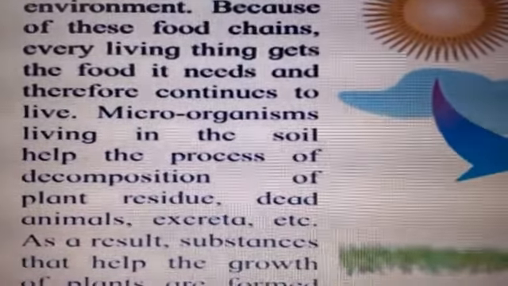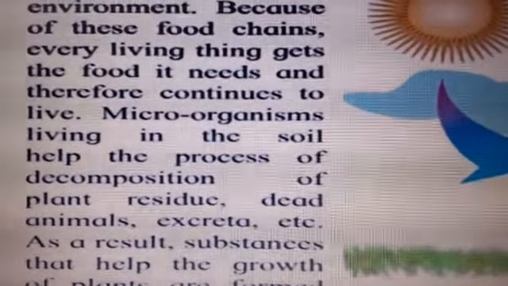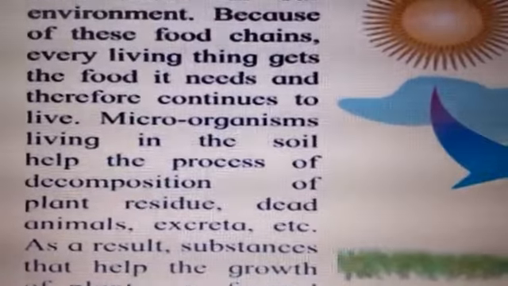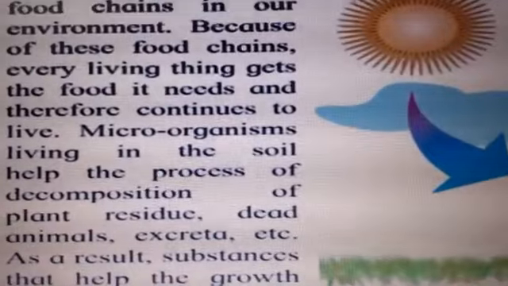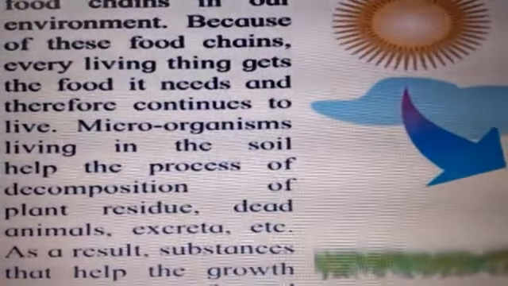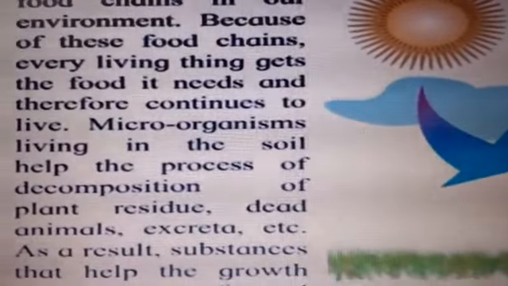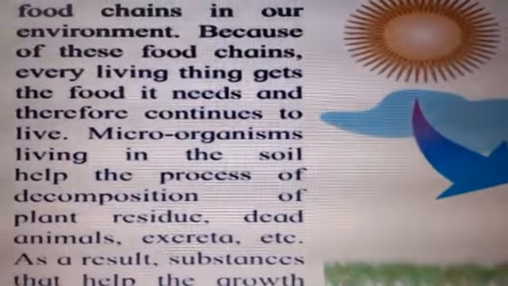Microorganisms living in the soil help the process of decomposition of plant residue, dead animals, excreta, etc. Now microorganisms are not visible to us. They are very small, minute. Micro means not visible to the naked eye. I hope, children, whenever you see the leaves of plants that have fallen down, their color changes.